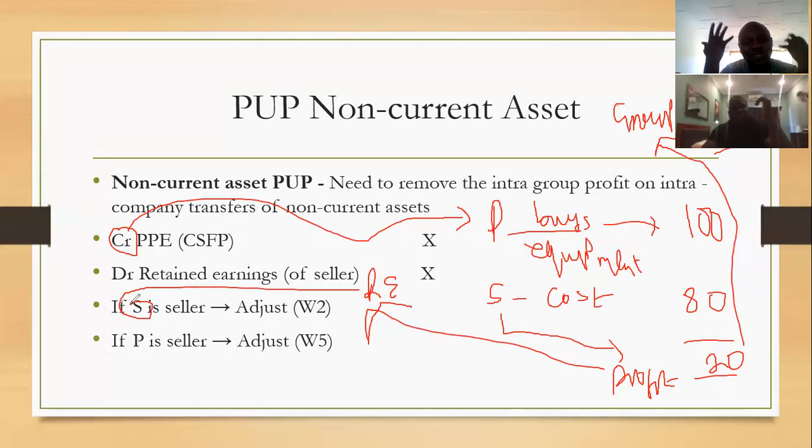You know, when you don't use logic, sometimes you might end up memorizing, which becomes very toxic. I'm getting the logic. So this is how you should treat your provision for unrealized profit.